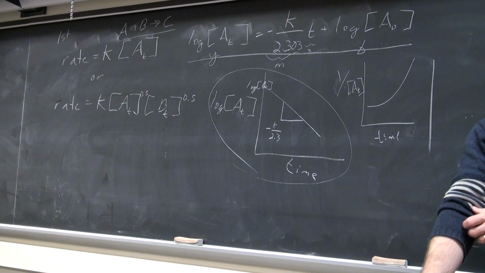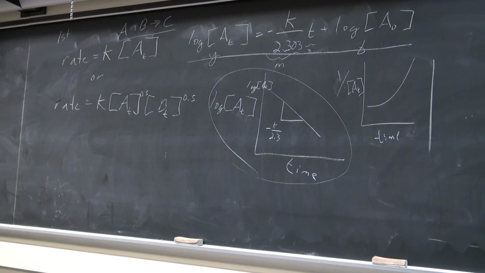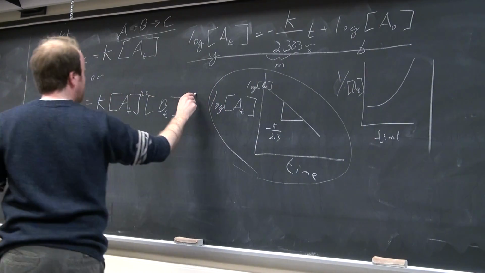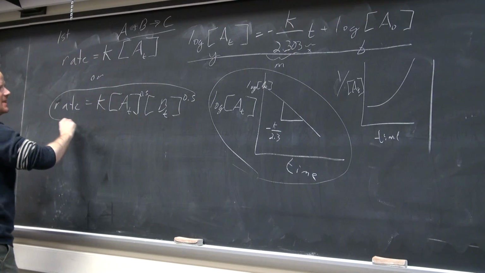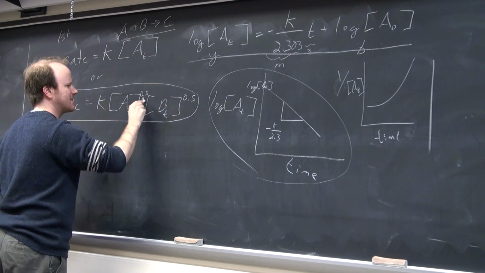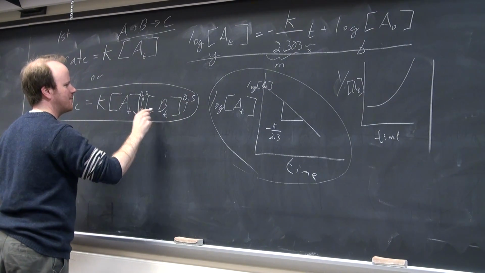Yes? Since the rate equals K times the concentration of A to the power of something, times B to the power of zero, would that still be the same rate for B as A? Because A and B are both, so you have rate equals K? Well, the only thing you need to know about first order like this is it's still first order because you have m and n.